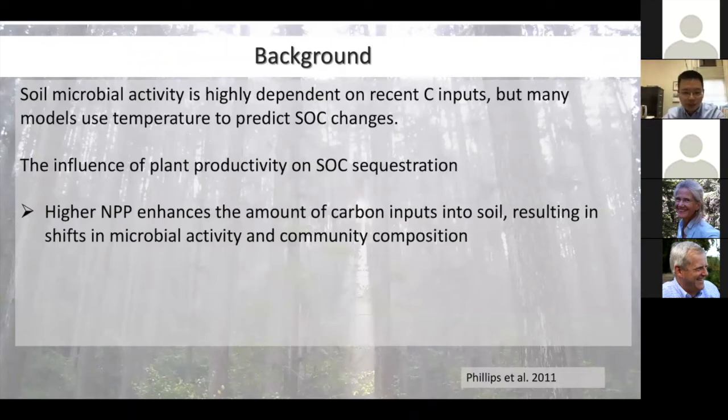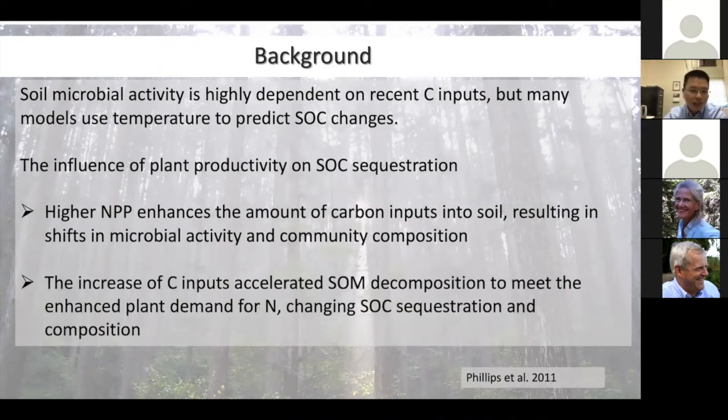This input can result in shifts in microbial activity and community composition. But this increase of carbon inputs can also accelerate the SOC decomposition to meet the enhanced plant demand for nutrition. This can also change the SOC sequestration and composition.